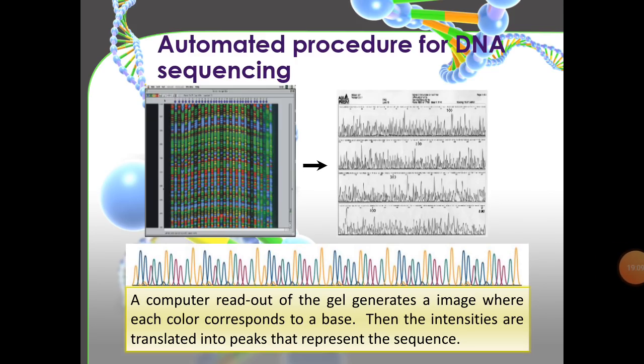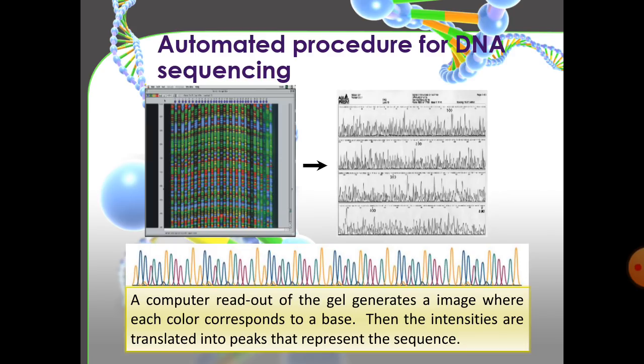Here we can see the automated procedure for DNA sequencing, how the sequence is read in the form of a chromatogram, and this is the computer readout of the gel, which generates an image where each color corresponds to a base.